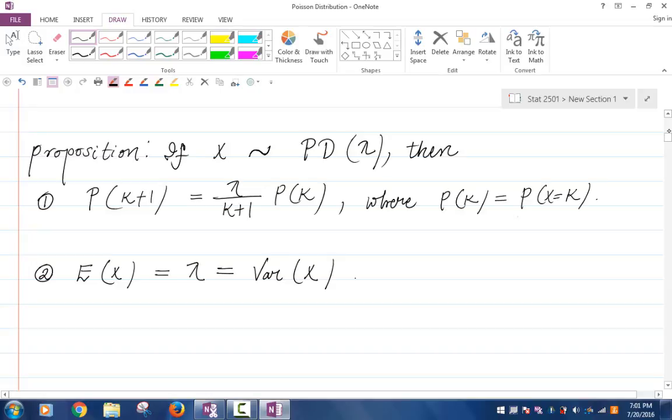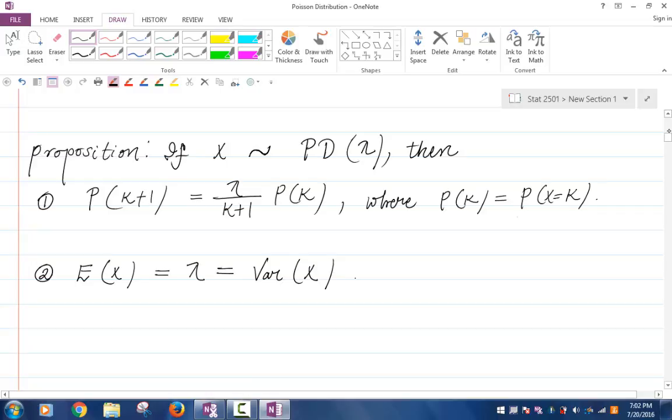Then number one, we have this recurrence relation for the PMF of x: P(k+1) is the same as lambda divided by k+1 times P(k), and the expectation of x is lambda, and so is the variance of x.